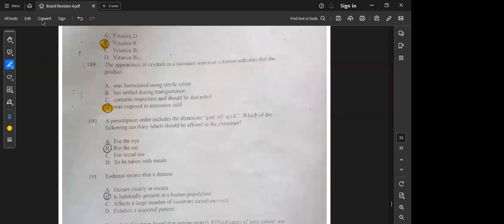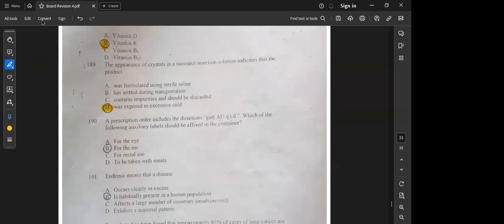Okay. Next question then. A prescription order includes the directions, that one. Which of the following auxiliary labels should be affixed? For rectal use, to be taken with meals.